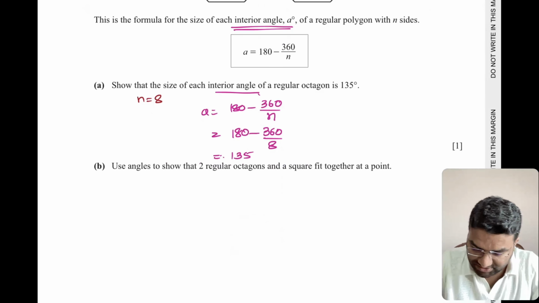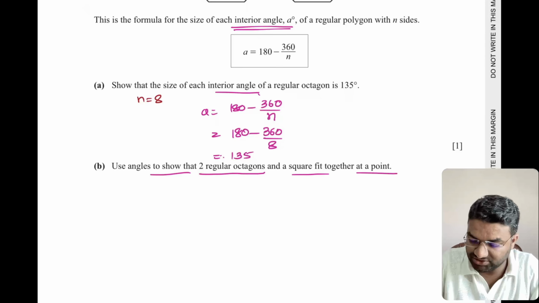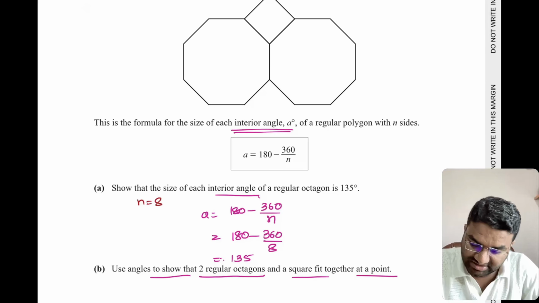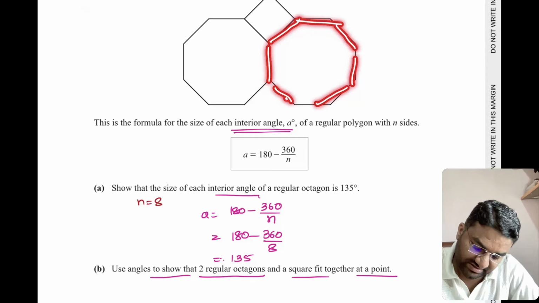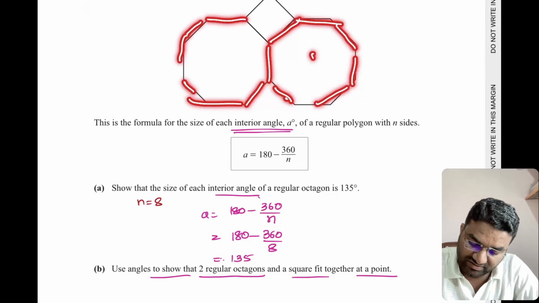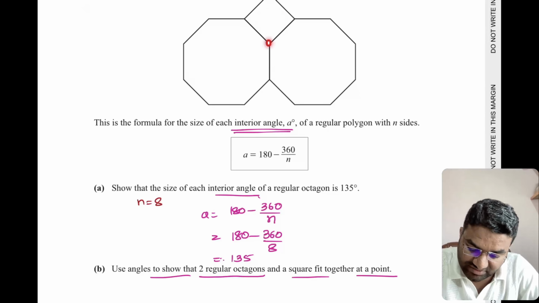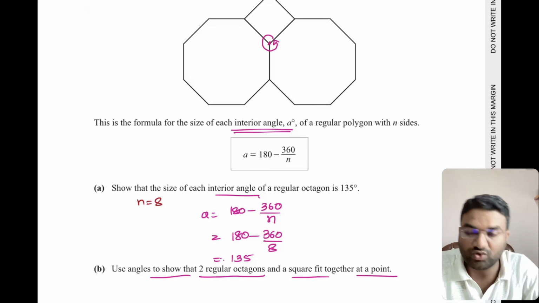Then use the angle to show that the two regular octagons and a square fit together at a point. See here, this is one octagon, this is the second octagon, and this is the square. The angle around this point is 360, and that is what we have to show.